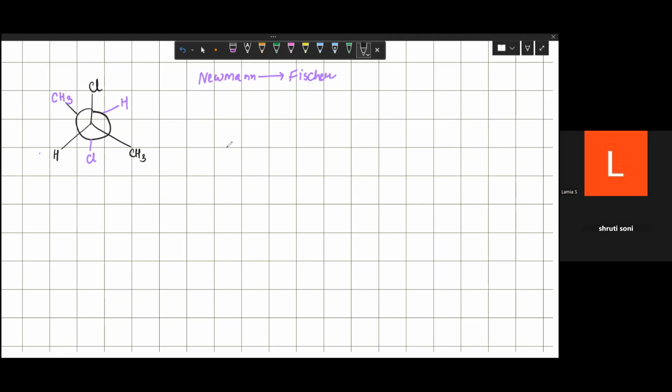Firstly, in the Newman case, this is an anti form of Newman. So firstly we convert this anti form into a normal one.